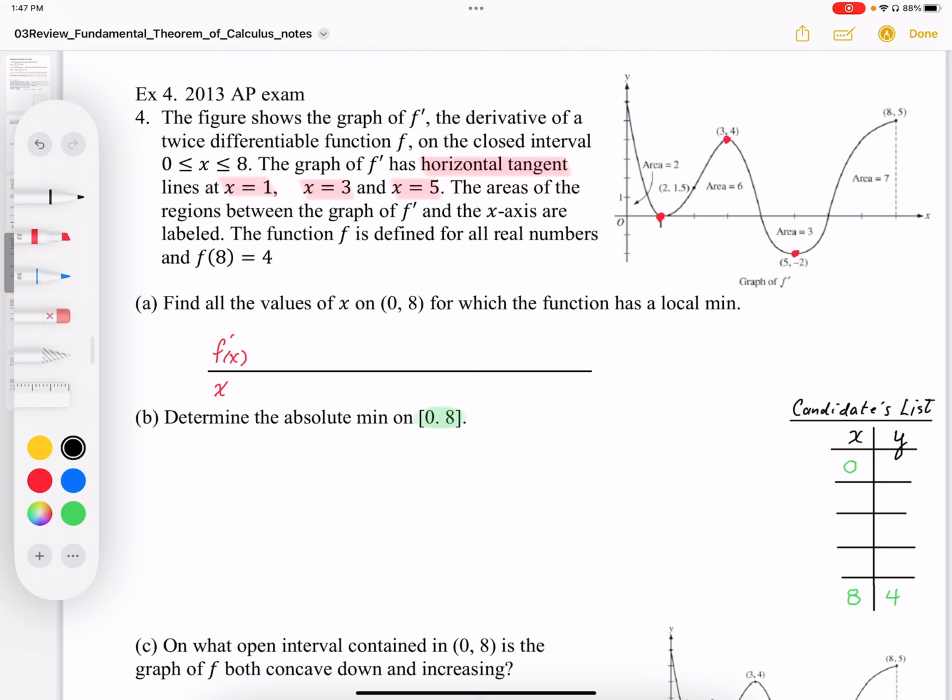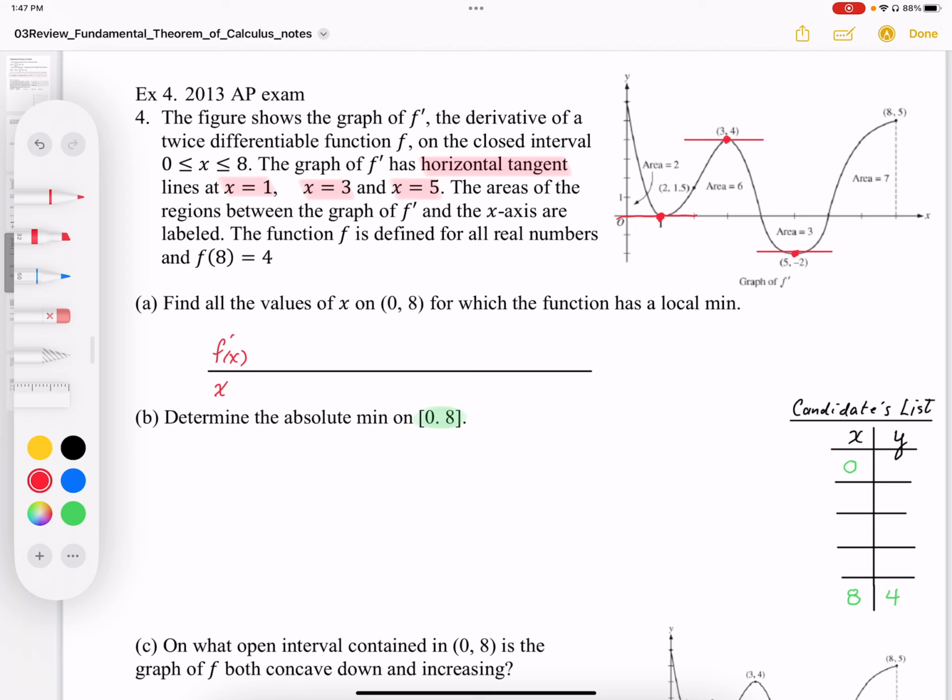It's on the closed interval from 0 to 8, and the graph of f prime has horizontal tangents at 1, 3, and 5. I've pointed them out in red. I'm just going to draw a little tangent slope. Okay, so we have a horizontal tangent here, here, and here.